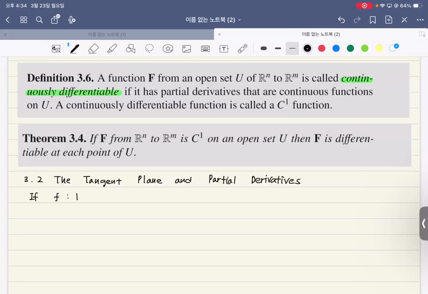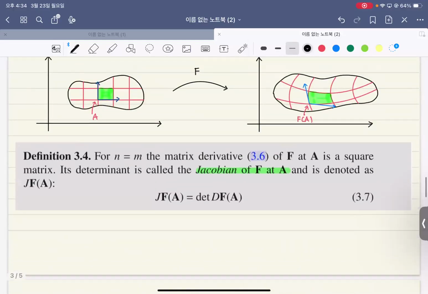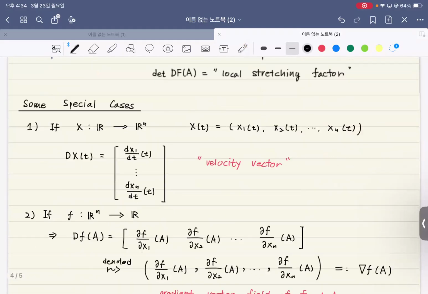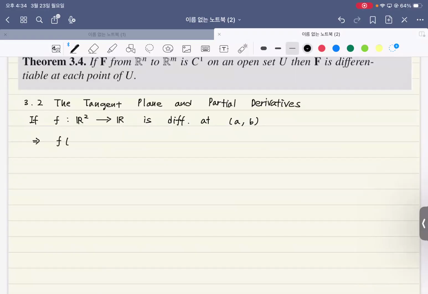If f is a two variable real valued function, and suppose that it is differentiable at the point (a, b), then what is the linear approximation? It is f(a, b) plus L(a, b) of (x minus a, y minus b).